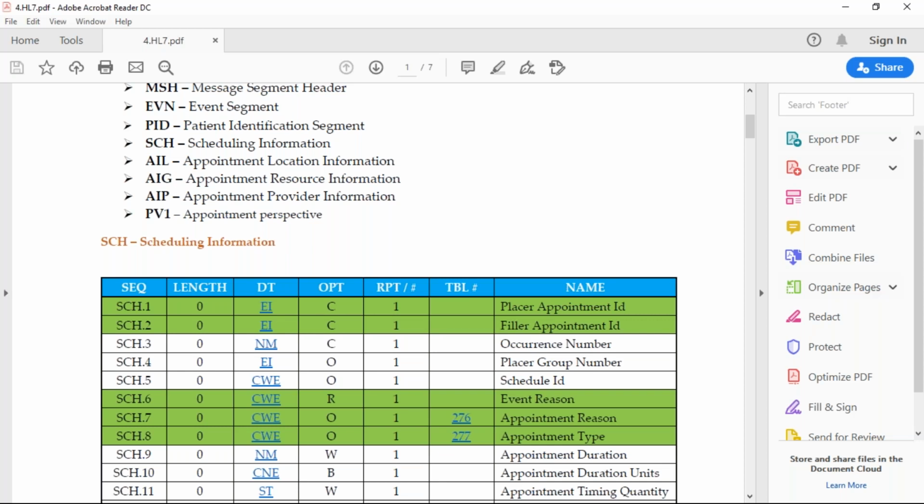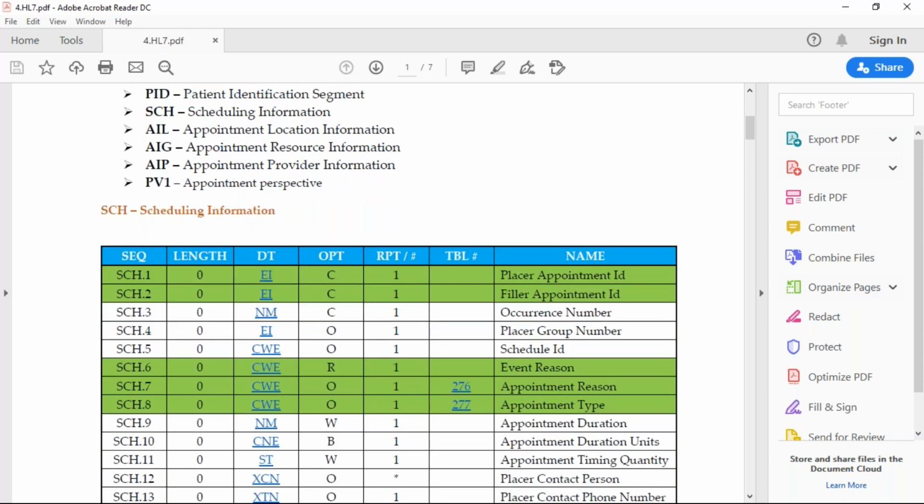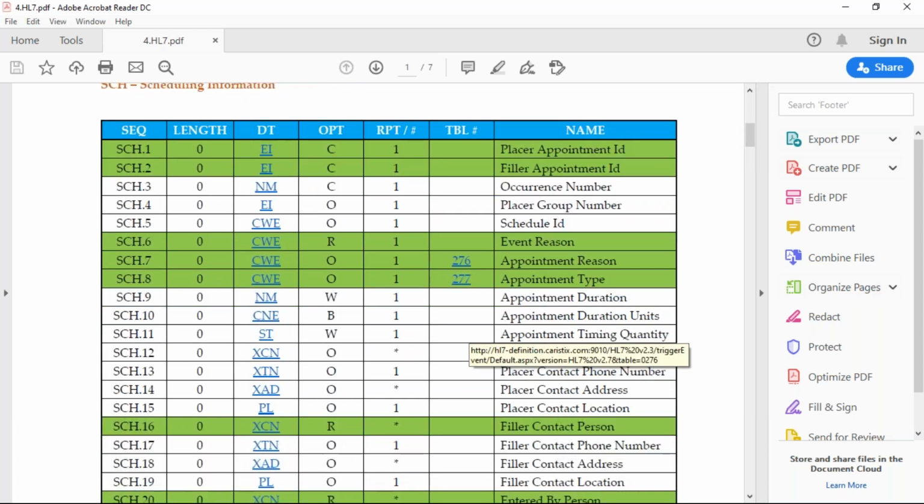And PID should obviously be present in an appointment message so that they can get to know for which patient the appointment is being generated. Let's go through the SCH segment. SCH1 and 2 are the placer appointment ID and filler appointment ID.